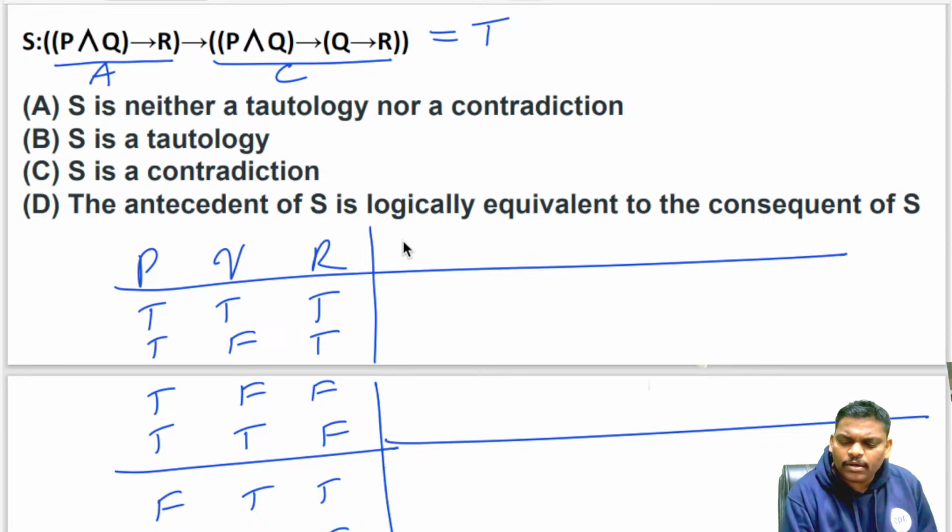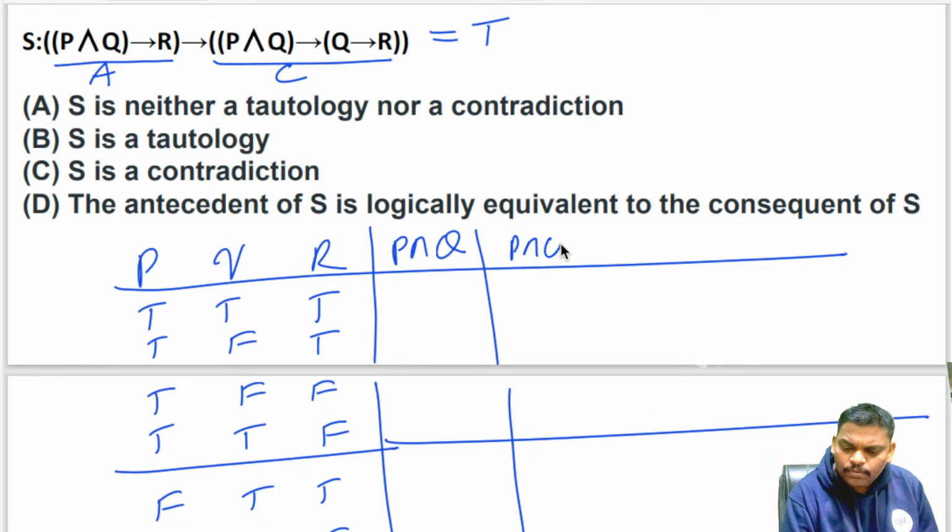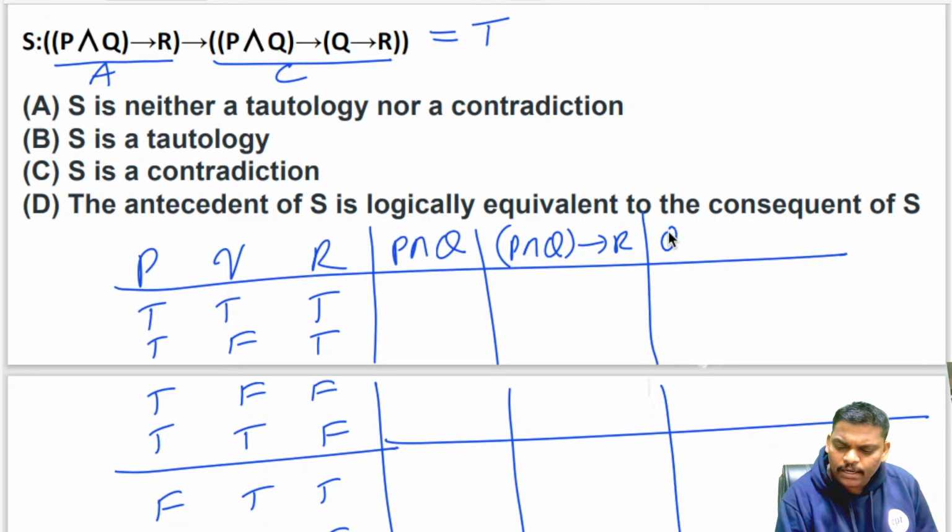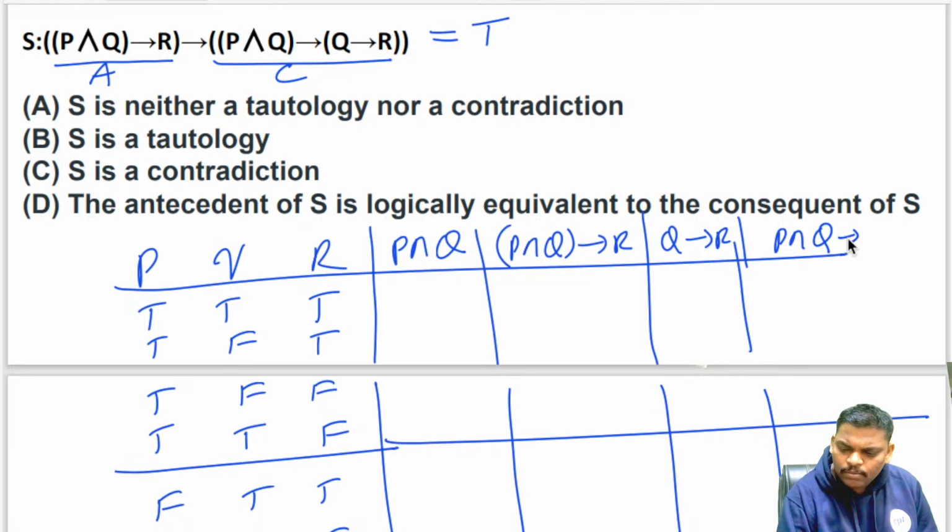Now can you help me? I think the common thing is P and Q. What is P and Q? P and Q, and Q and R. It is going to be P and Q implies Q and R. It will take 1 or 2 minutes, but finish it off.